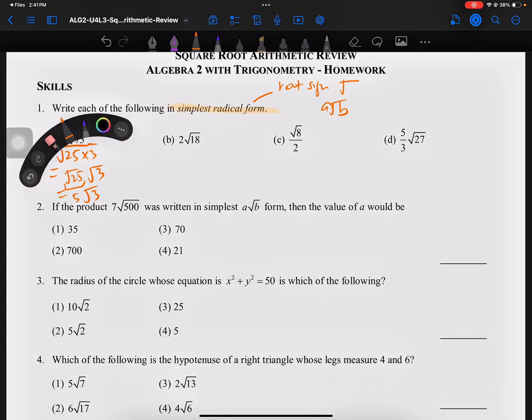We have a number outside and a root, like 2√18. So we only simplify the radical part first. √18, we find a perfect square that divides 18. So it is 2√(9 × 2), which is 2√9√2.